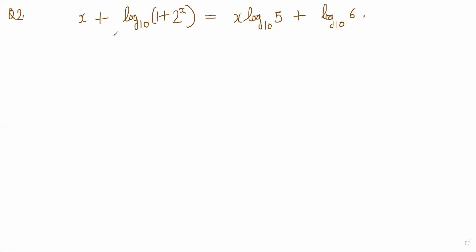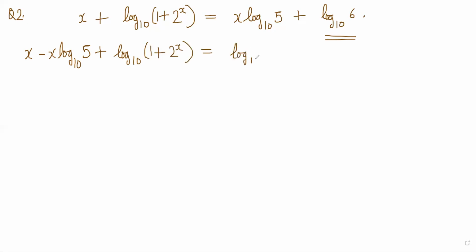One common idea when you have a complicated equation is to bring all the x terms on one side, right? Yes. Keep the log 10 6 here and bring everything on one side. x minus x log 10 5 plus log 10 of 1 plus 2 power x is equal to log 10 6. So this equation at least has all the variables on the LHS and the constant on the RHS.